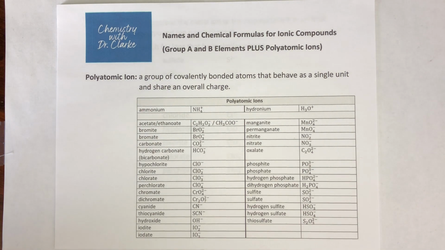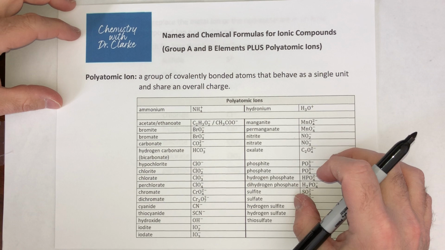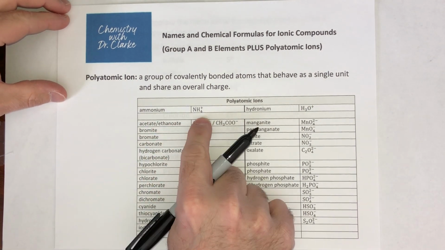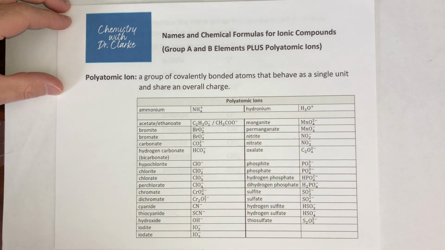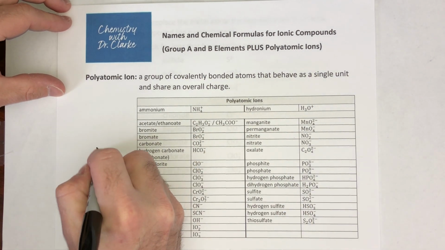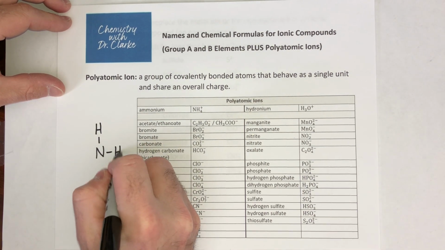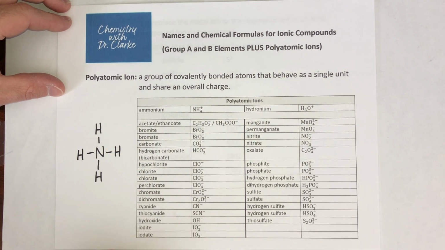Before we start the naming, let's talk about what a polyatomic ion is. A polyatomic ion is basically a group of atoms that are covalently bonded together, and the group collectively has a charge. Let's say we talk about ammonium. Ammonium is NH4 and it has a positive charge. This is a nitrogen that is bonded to a hydrogen, bonded to another hydrogen, bonded to a third one, and then bonded to a fourth one.